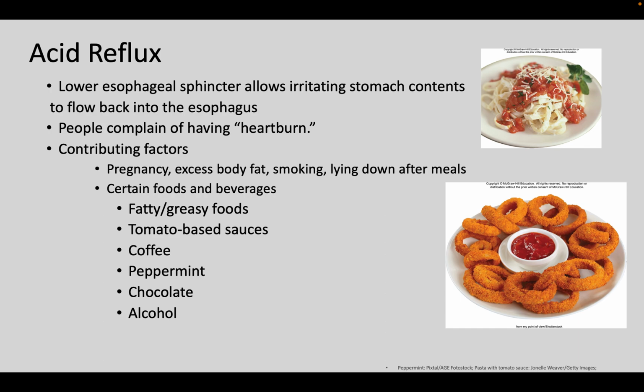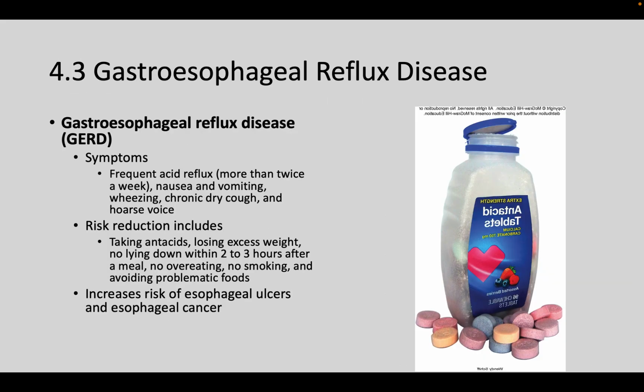We probably don't have to eliminate them completely from our diet, but easing up on them might be a good idea if we have acid reflux. Smoking and being overweight also can cause acid reflux. Acid reflux that becomes chronic is referred to as GERD, or gastroesophageal reflux disease.